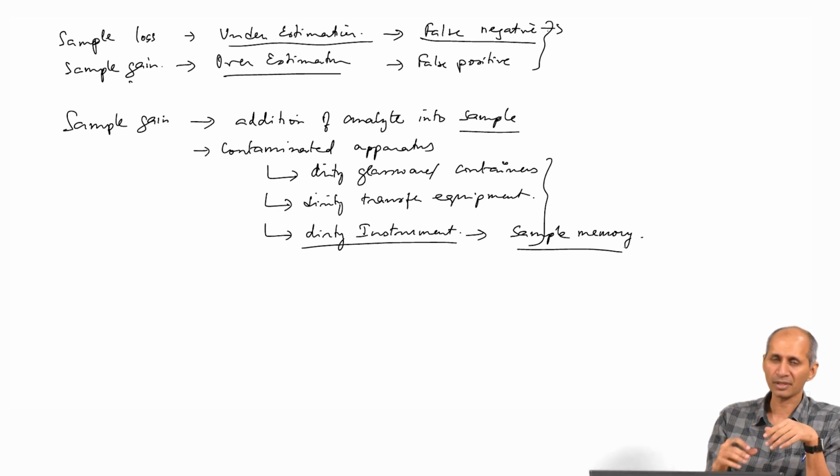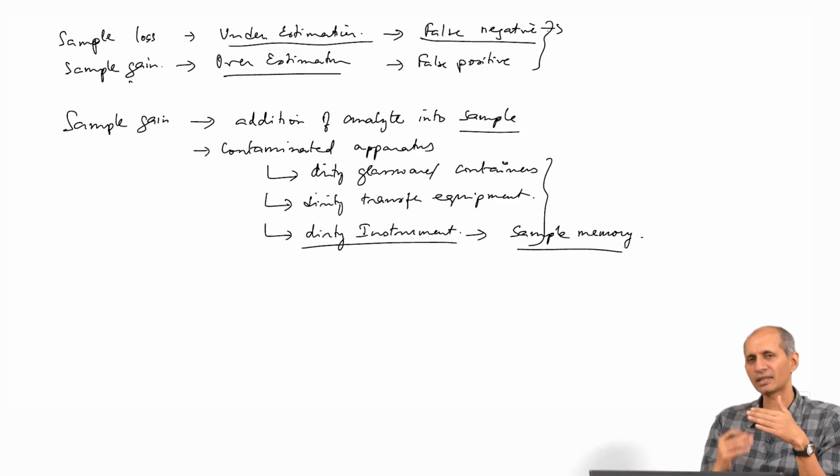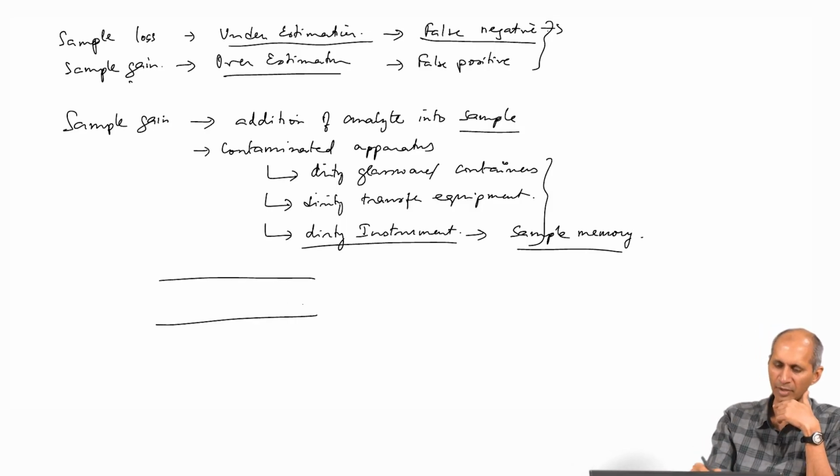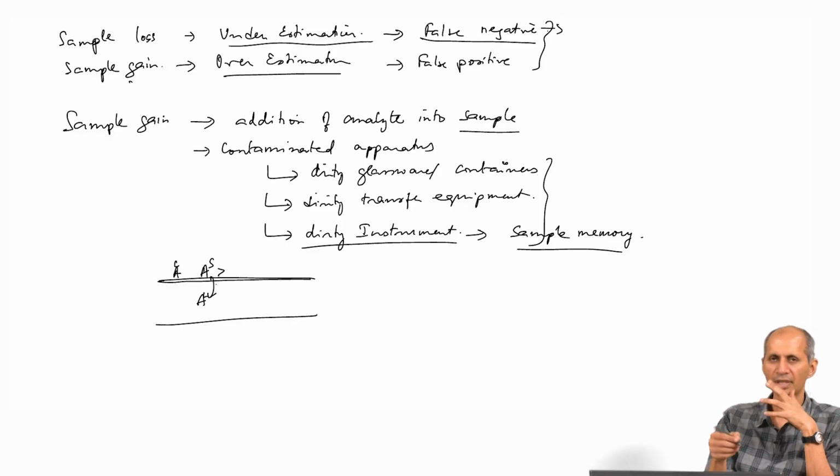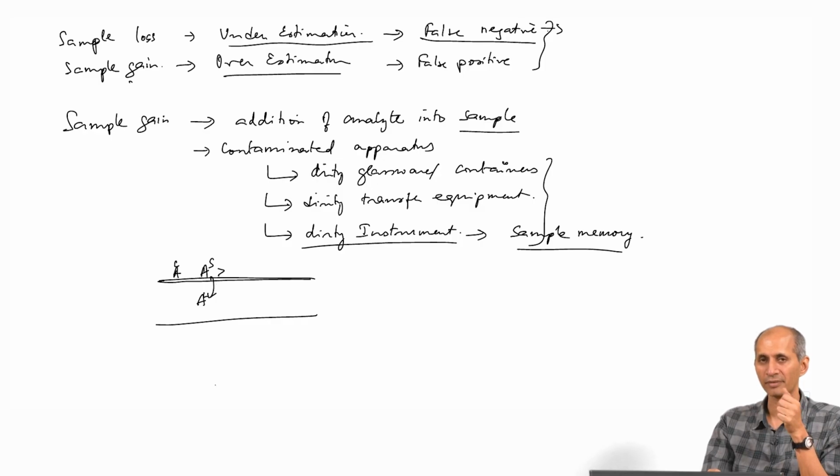But if the concentration on the solid is greater than the concentration in the liquid, then the transfer will occur in this direction, which means it will release chemicals into your sample. So, that is a false positive. Your concentration is being gained by this.